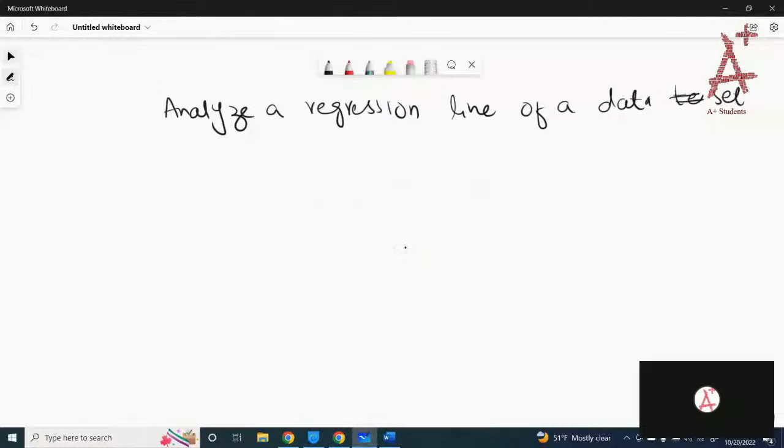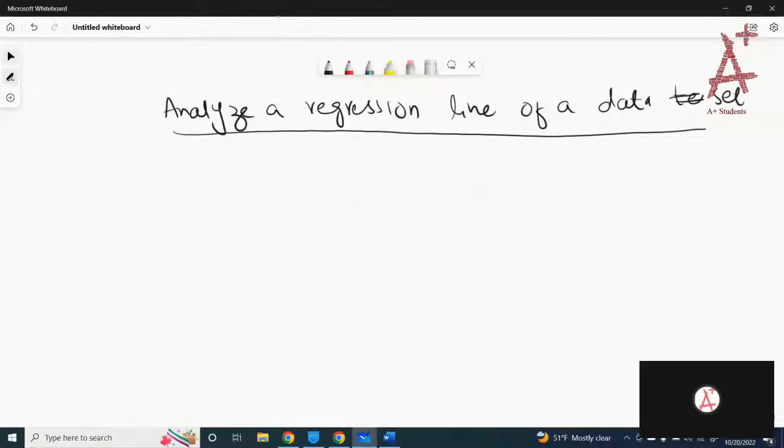So we have to now analyze the regression line of that data set. Let's start with an example. Use the least squares regression line of the dataset to predict a value.